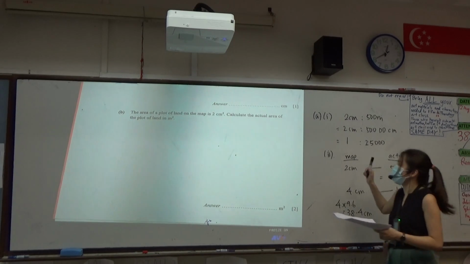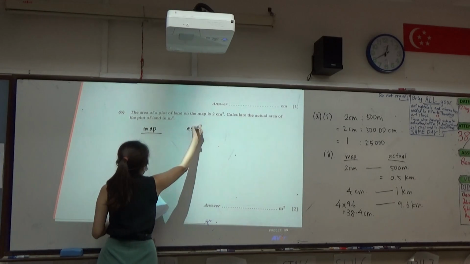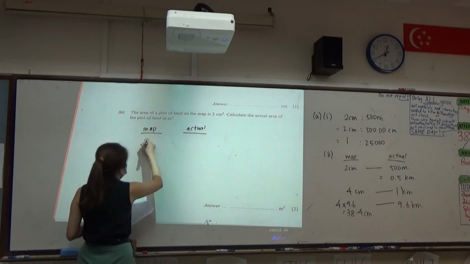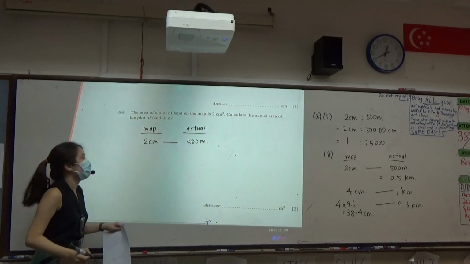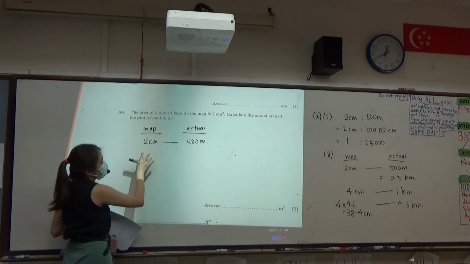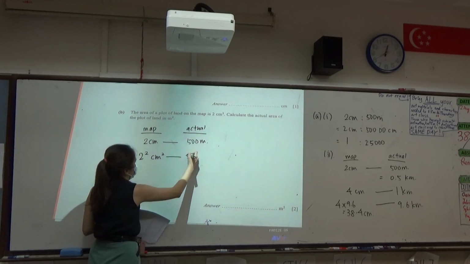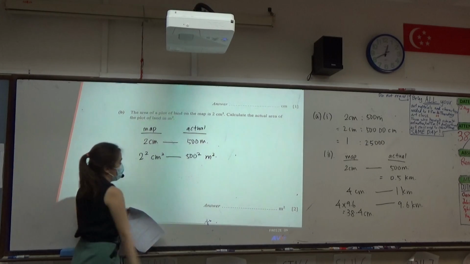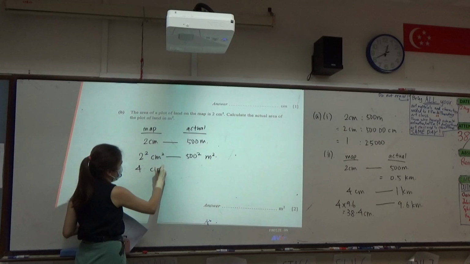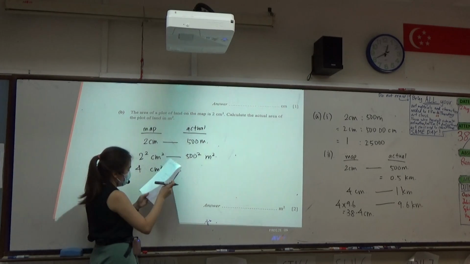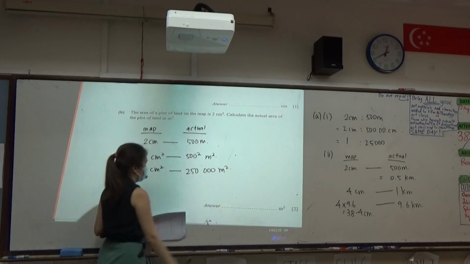And if I were to make use of 2 cm to 500 meter, what I can do is change it into area scale. I need to do 2 squared cm square, 500 squared meter square. That will give me 4 cm square, and then 250,000 meter square.